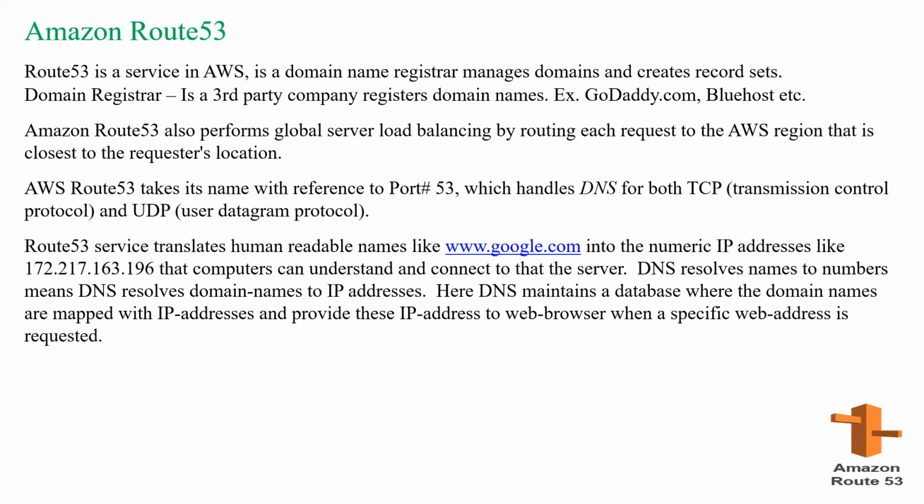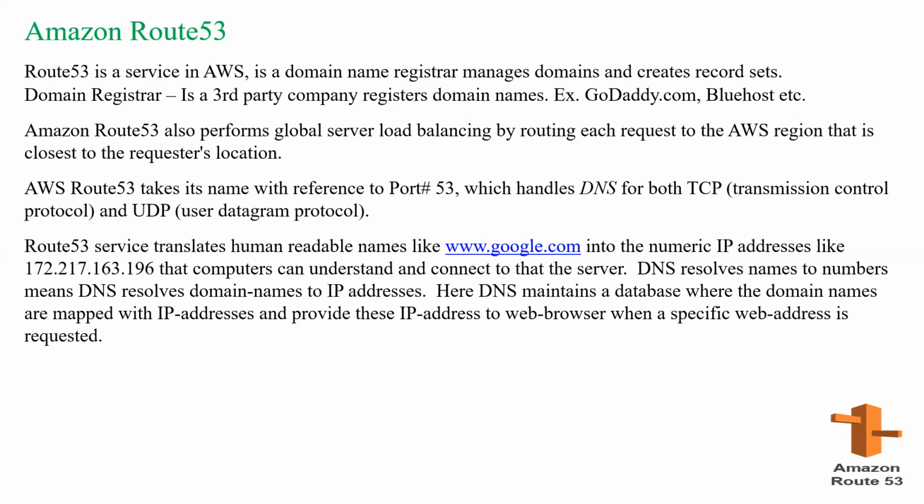So the Route 53 service translates human readable names like www.google.com or microsoft.com into the numeric IP address like 172.217.163.196 in case of google.com, that computers can understand and connect to that particular server. So what does that mean?